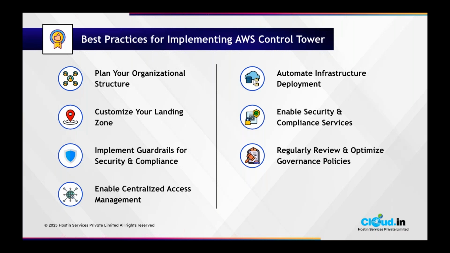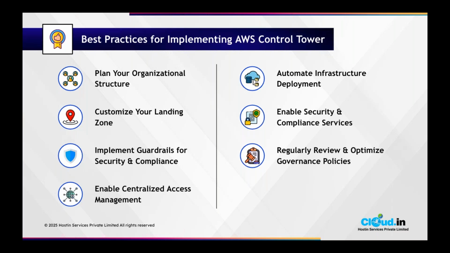Before deploying AWS Control Tower, take a step back and think about how your accounts should be structured. AWS Organizations lets you group accounts into organizational units, which is basically OUs. For example, separate OUs for development, testing, and production. This way you can apply different security and access policies per environment.